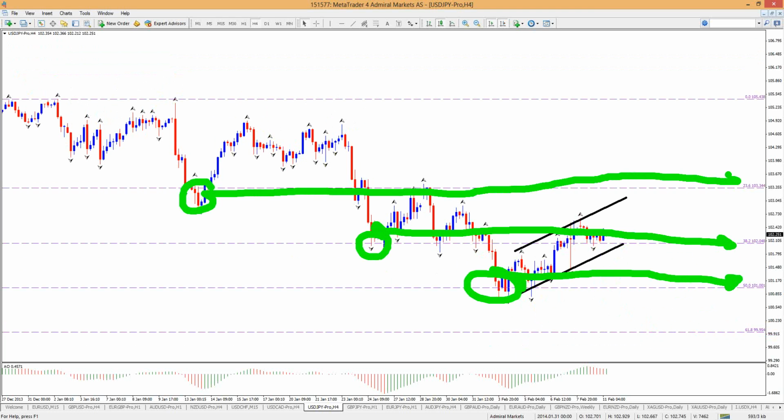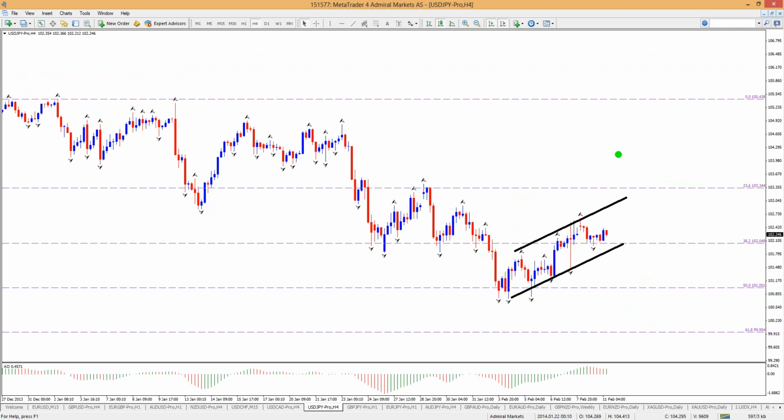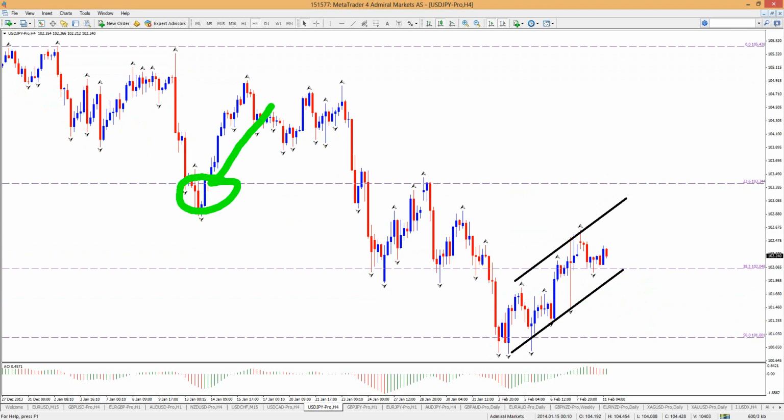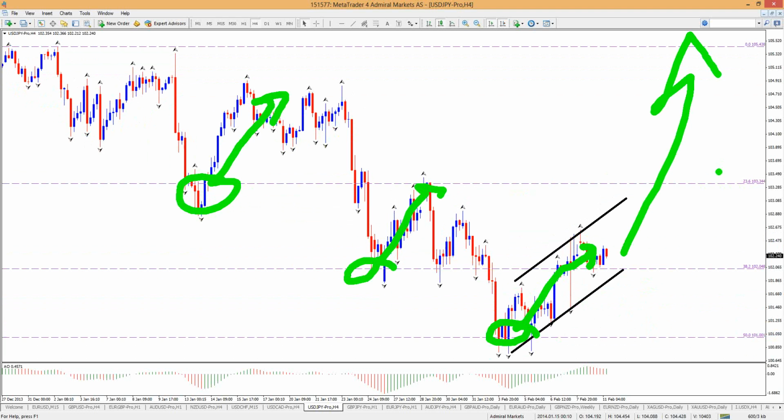The 23.6 got some bounce but didn't get follow through. Is this the same, or are we indeed bouncing for a bigger movement? So let's investigate that.